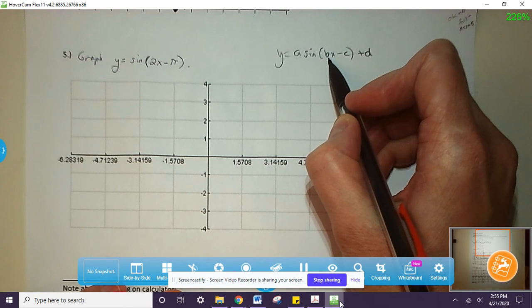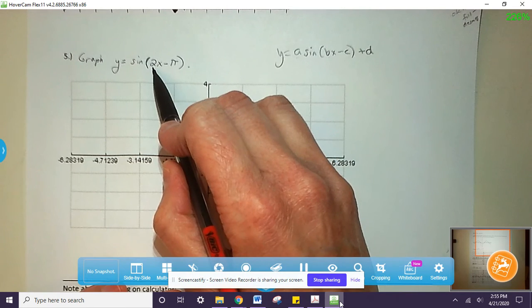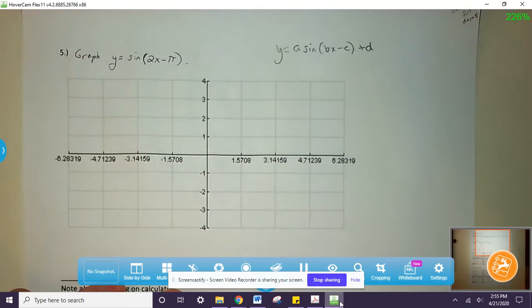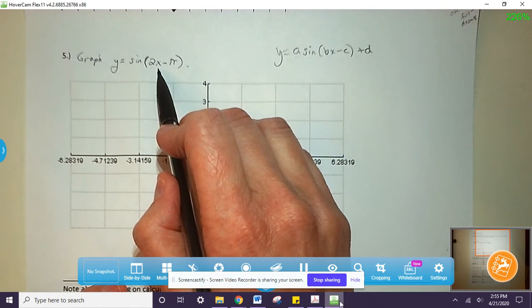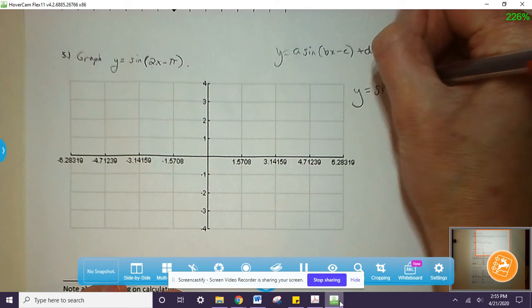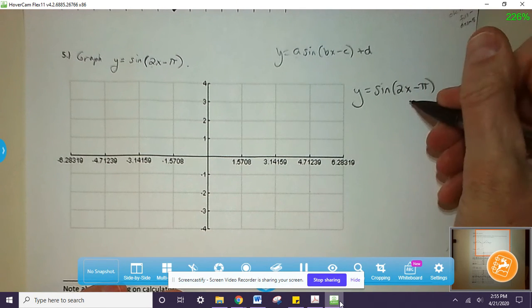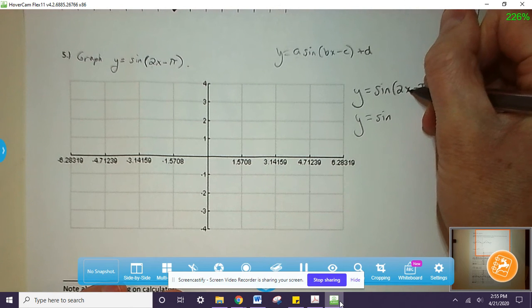One thing we never combined in our work yet was graphing by hand with a horizontal stretch or shrink and a horizontal shift. So I want to take a moment and show you how that works because it has slightly different rules than what we're used to. So if you have a horizontal stretch or shrink and a horizontal shift, what you have to do in order to graph this is you actually have to get the x to have a coefficient of 1.